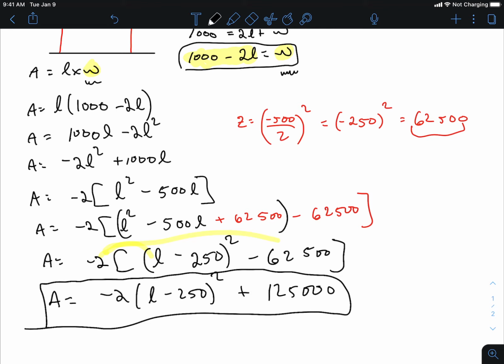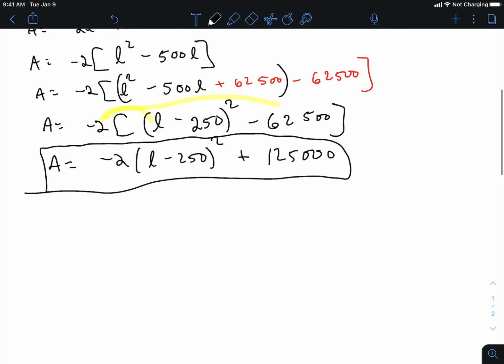It's opening down, so it must have a maximum. So I know I'm okay. What is the maximum? What's the vertex? 250 and 125,000.